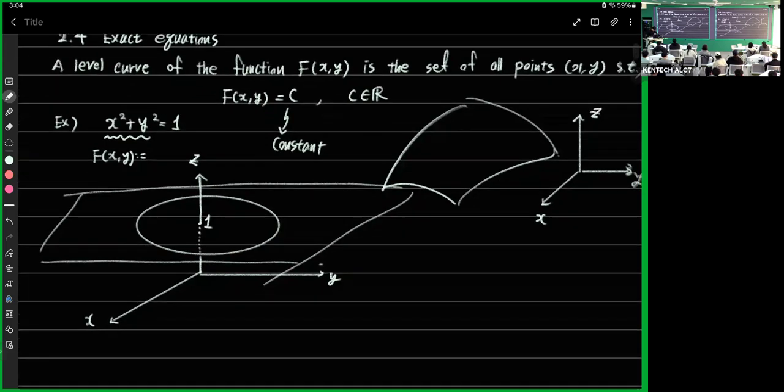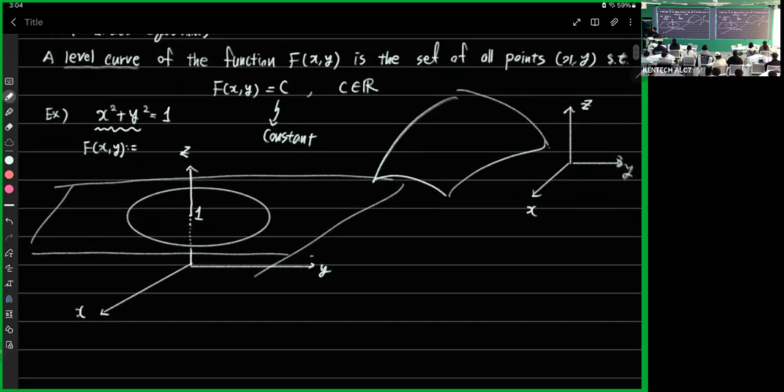So this is a level curve: the function of multiple variables, but with the z value fixed and constant.